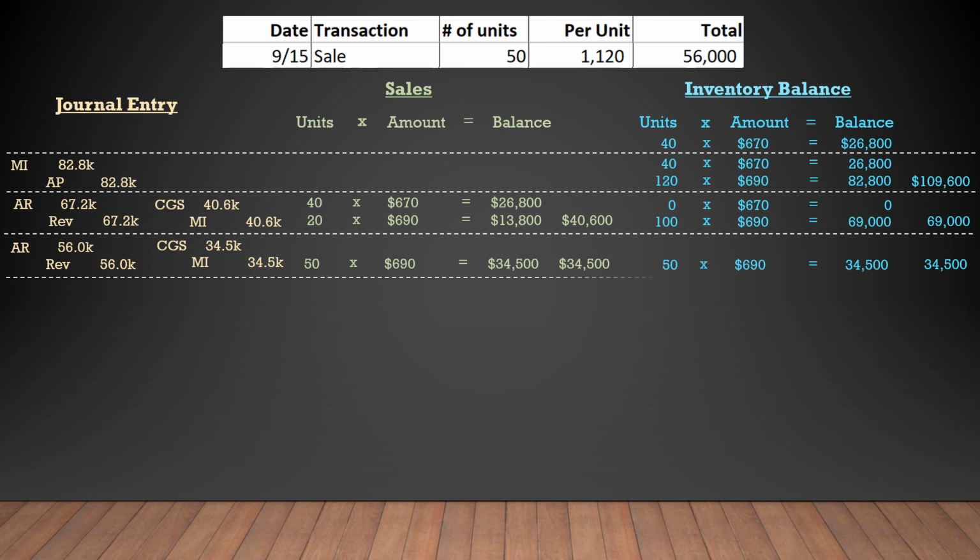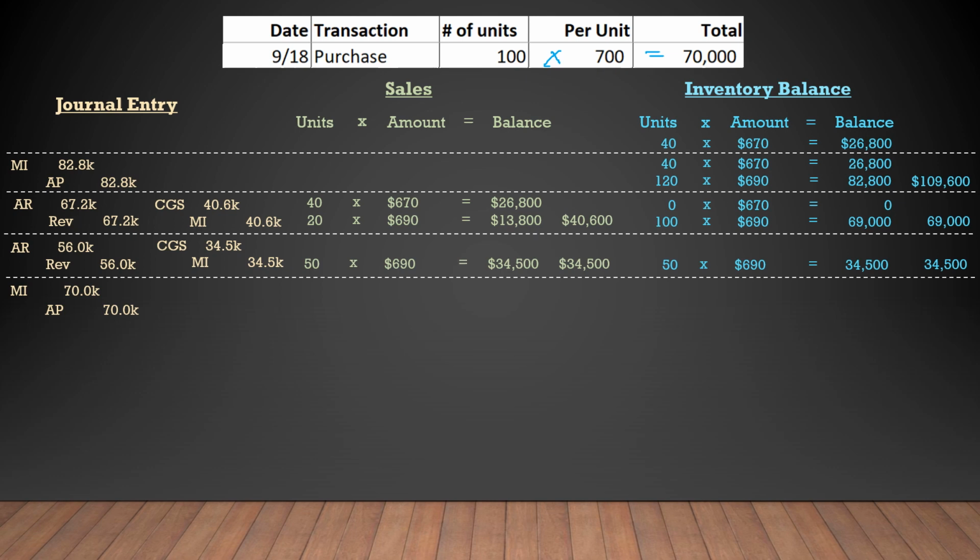On September 18th, we purchased 100 units at $700 per unit. Our purchase journal entry for this presumed credit purchase is a debit to merchandise inventory and a credit to accounts payable for $70,000. Again, we just multiplied the number of units purchased by their purchase price.